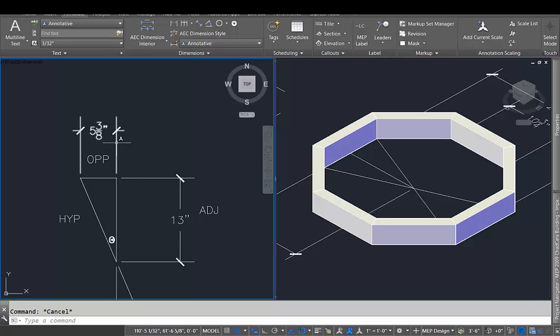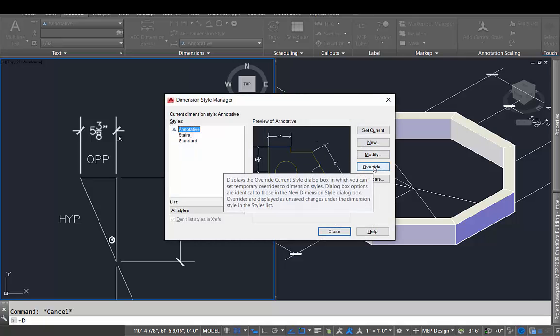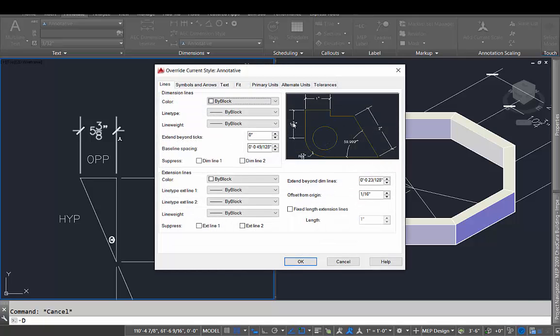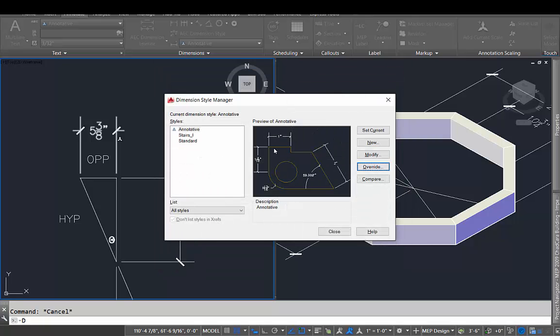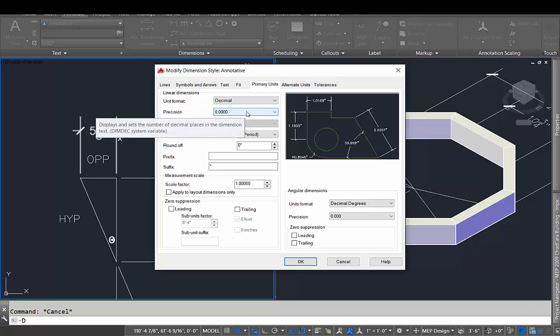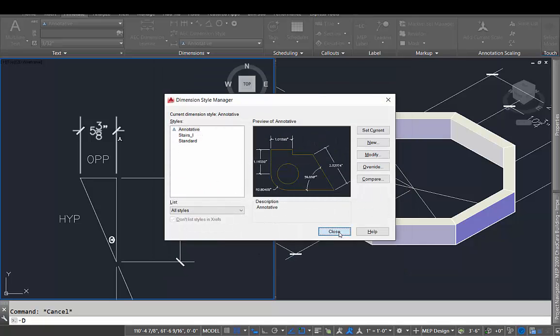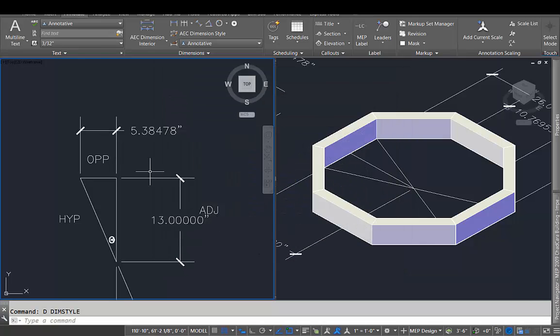So let me change my style here to see if I can get that number. I don't want to override it, I want to modify it. Now, decimal degrees, let's do fractional. Let's do decimal for my units, and let's bring it out to like 5 decimal places. That's fine. So what you're going to see is that that number is exactly the same number that was calculated. It's just rounded to 5 digits.